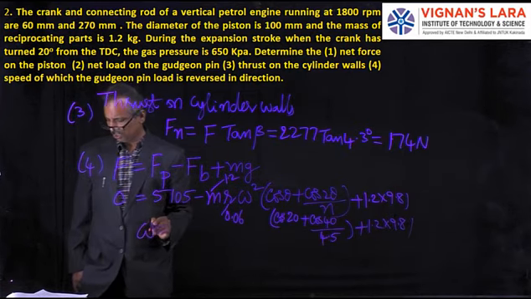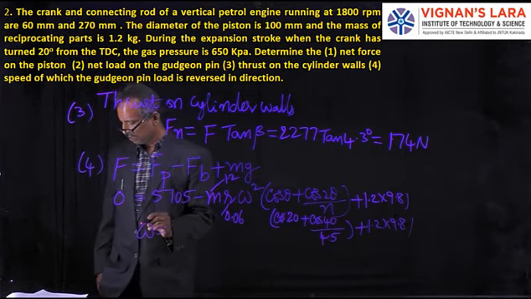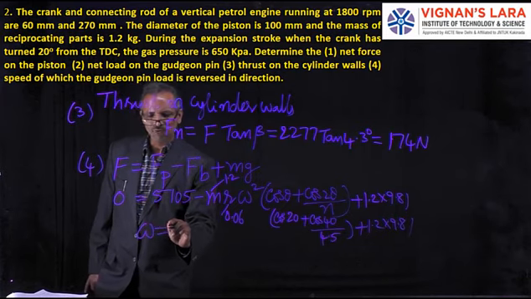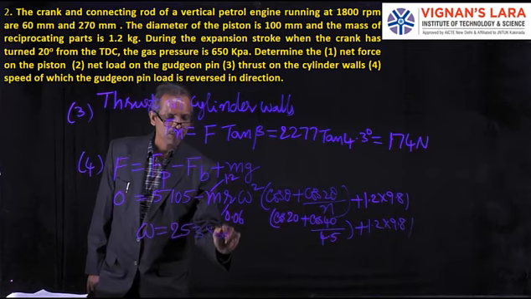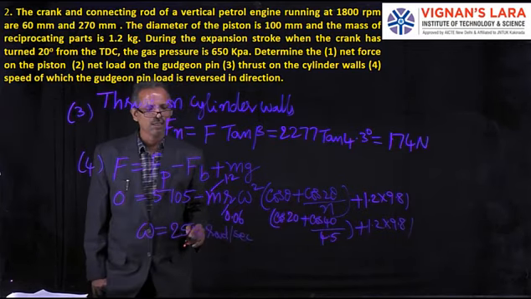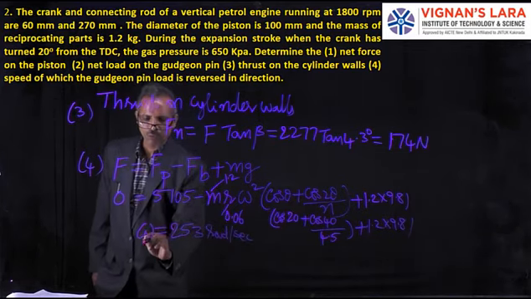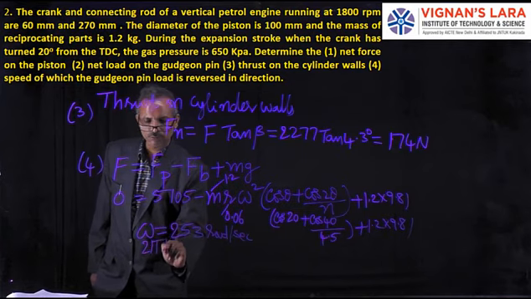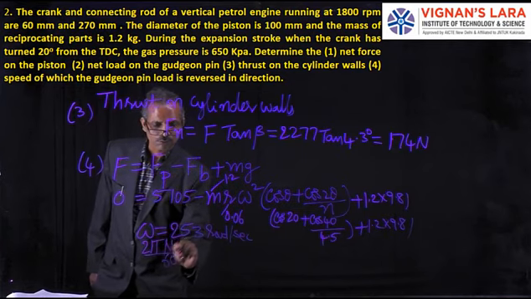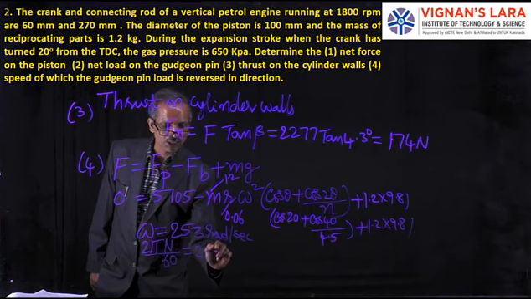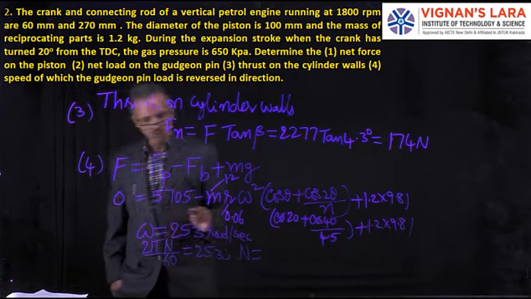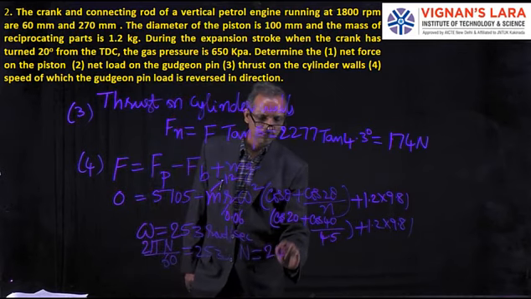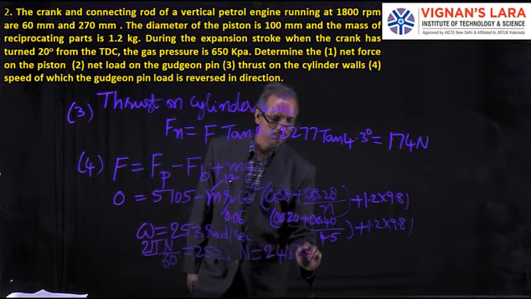From that you get the value of omega, which gives 253 radians per second. Since omega is 2 pi n by 60, with omega 253 we get n equal to 2416 rpm.